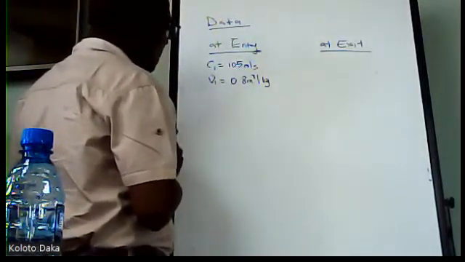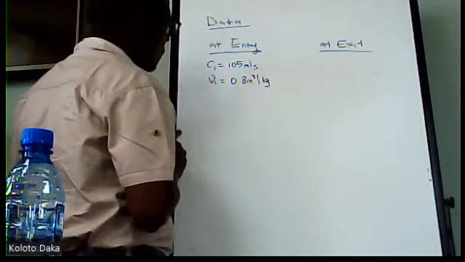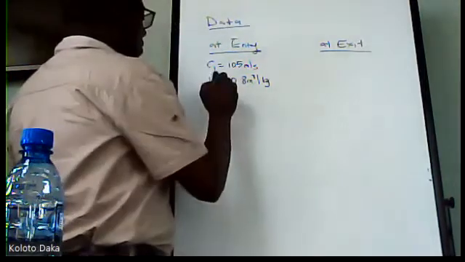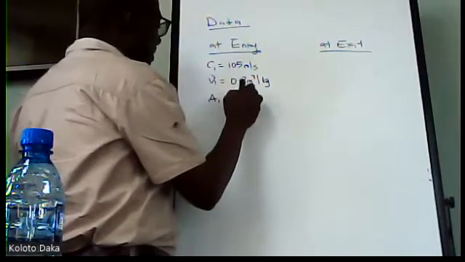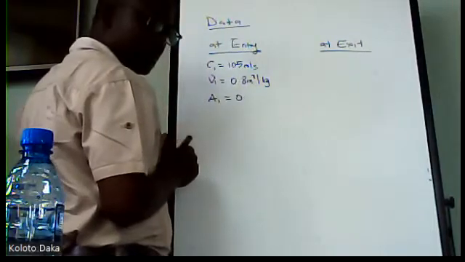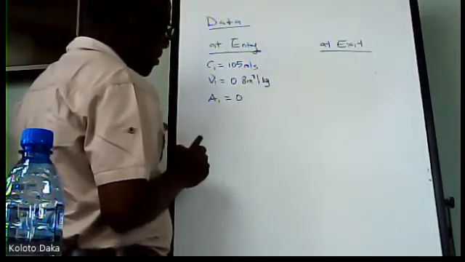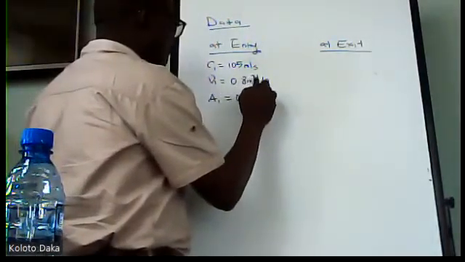The inlet area of the gas turbine is 0.05 meter squared. So the inlet area, area 1, 0.05 meter squared. Yes.